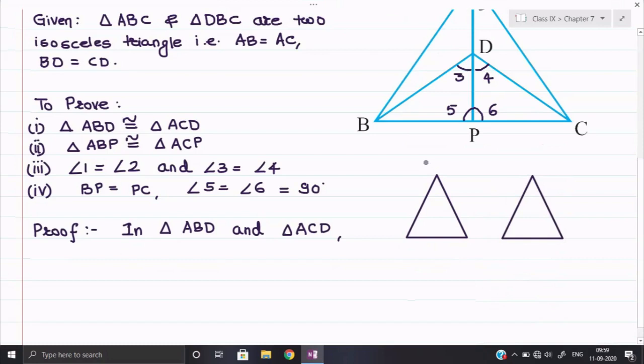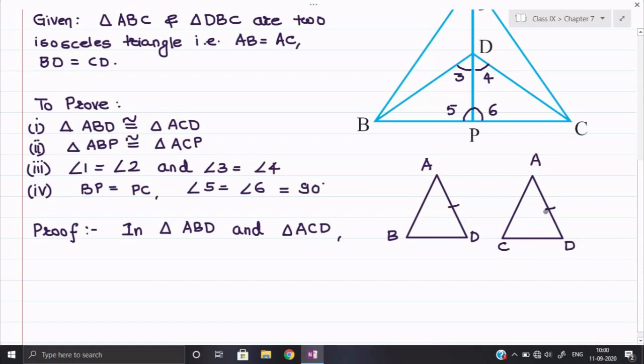So this one is ABD and this triangle as ACD. Here you observe AD and AD is already common.